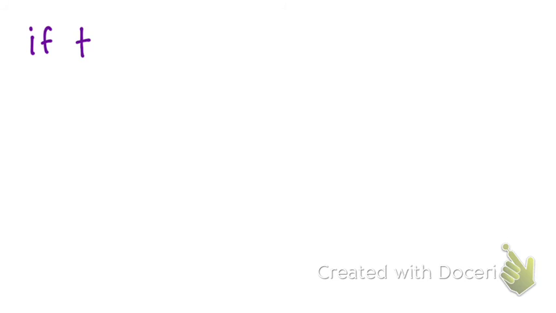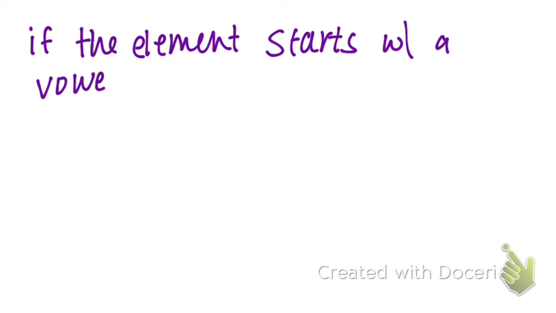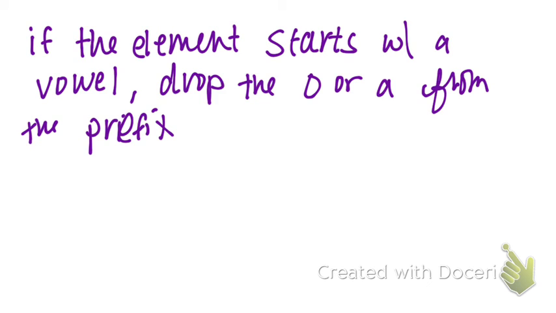If the element starts with a vowel, drop the O or A from the prefix. So let me give you an example of that. If the element starts with an A or a vowel, you drop the O or the A. So that's why it's not called monooxide, right? It's called monoxide. And it's really just about the pronunciation and the speech of that.